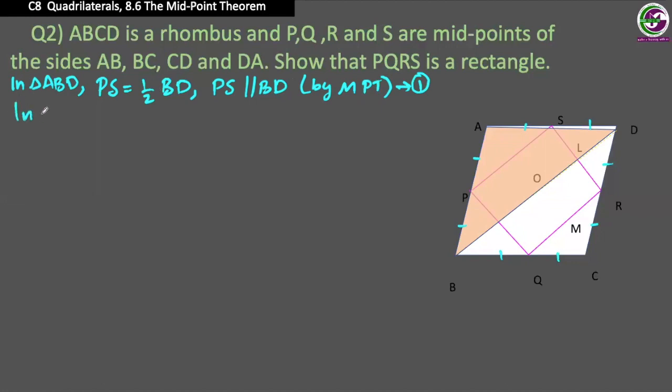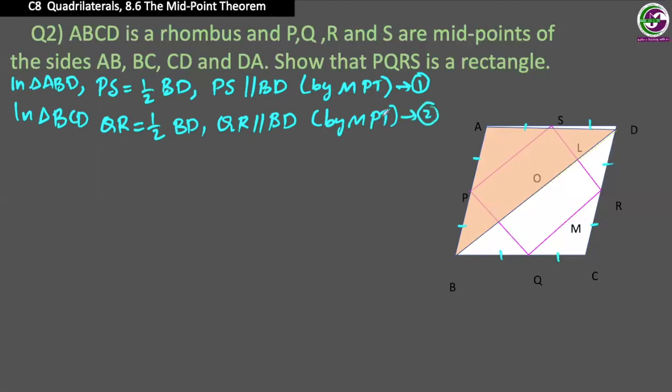Also, in triangle BCD, we can see that QR is half of BD and QR is parallel to BD. Again, by the midpoint theorem, let's call this condition 2.